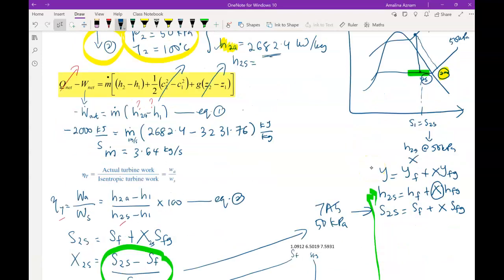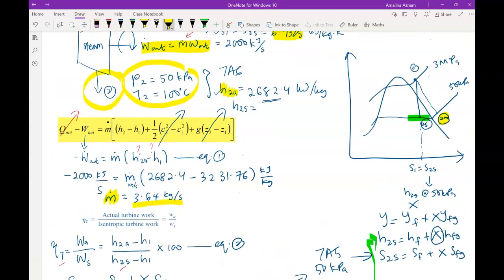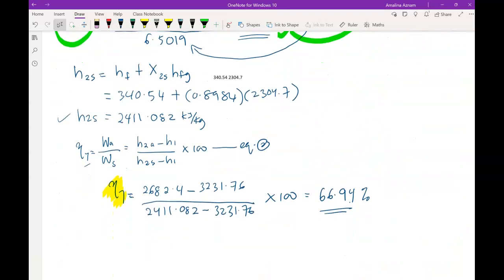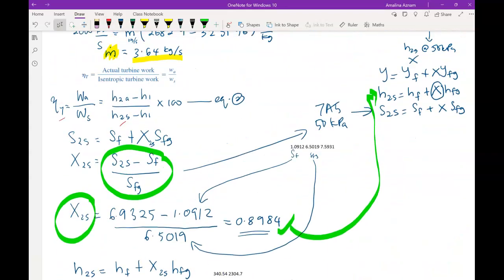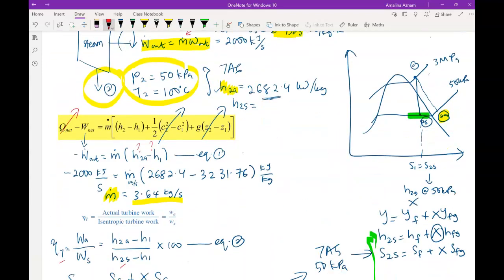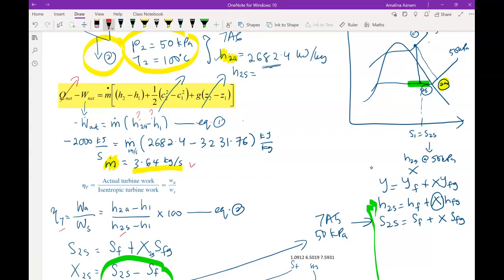We already get the m dot value, which is 3.64 kilogram per second. So we have completed both questions. The first one is to find the isentropic efficiency, which is equal to this one, 66.94%, and number 2 is to find your mass flow rate, where you got 3.64 kilogram per second.